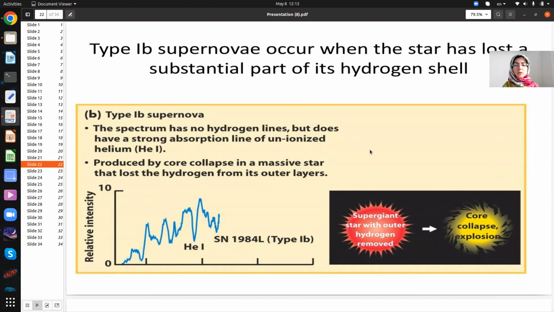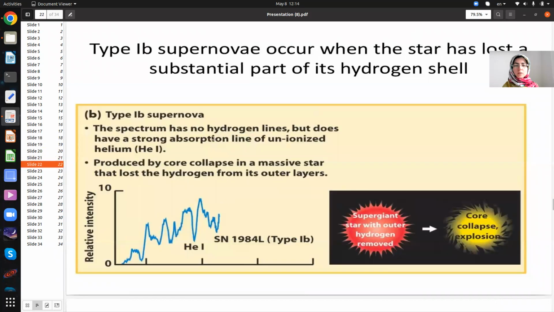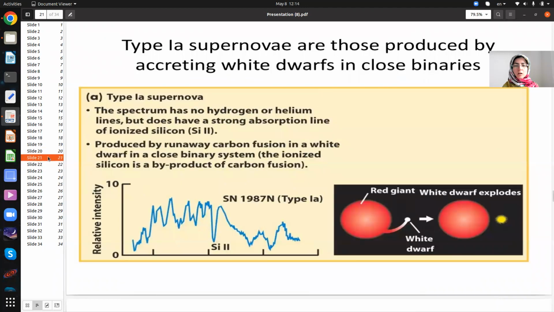It is produced by core collapse in a massive star that lost the hydrogen from its outer layers. It is a supergiant star with outer hydrogen removed, and then it goes to a core collapse explosion. As you see here, type 1a and type 1b have no hydrogen lines.